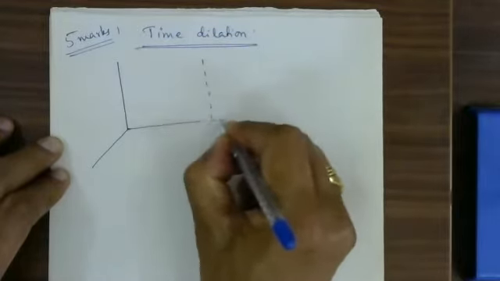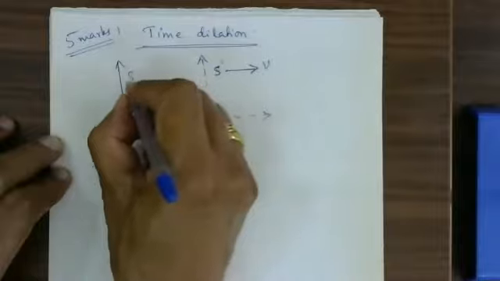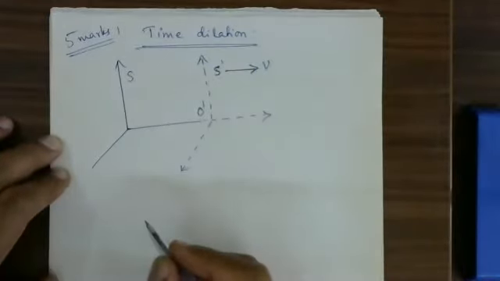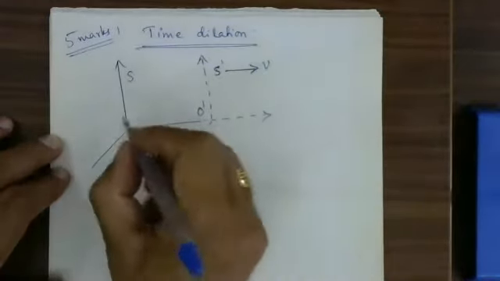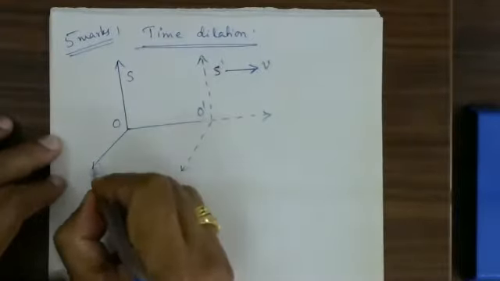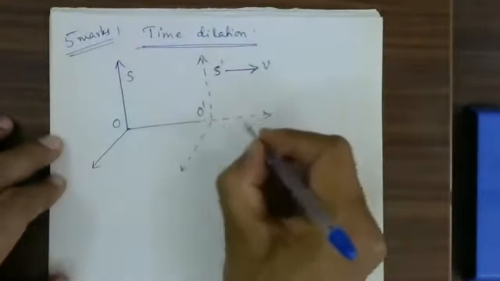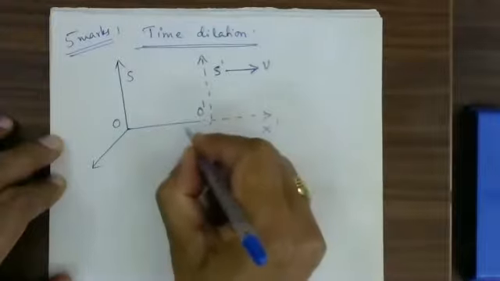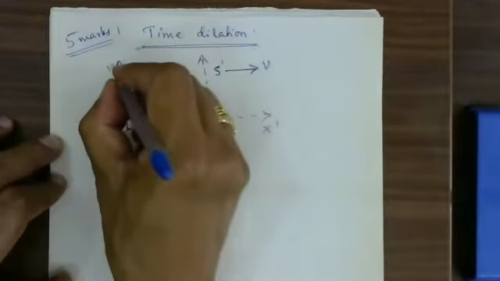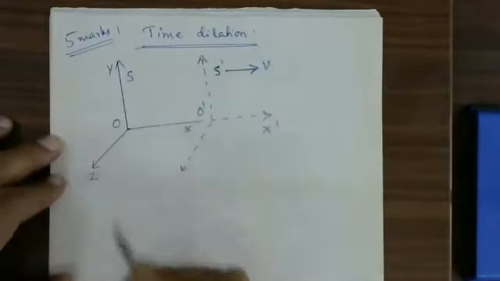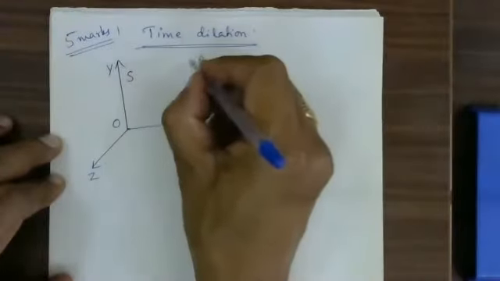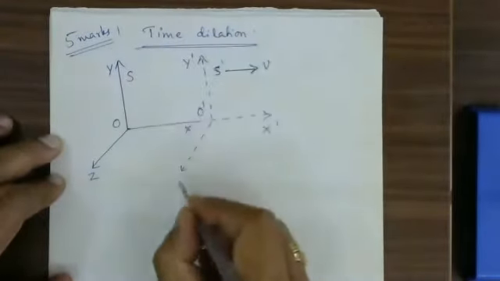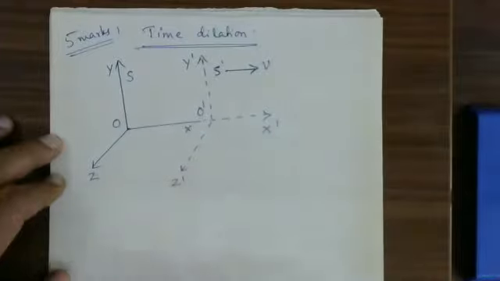This frame of reference is moving with a uniform velocity V. This frame of reference is S, which is stationary. This is O, this is X, this is Y, this is Z. This is X dash, this is Y dash, this is Z dash.